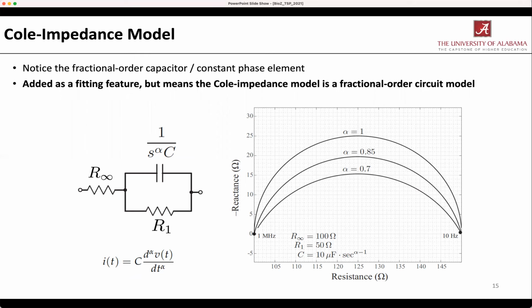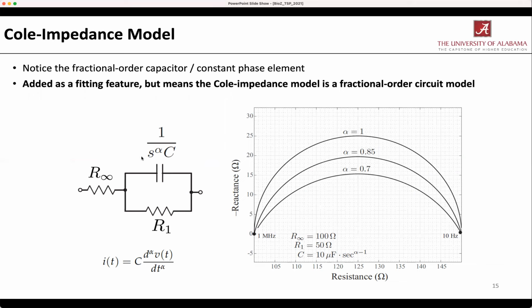So why do we need to use this? Can this circuit model help me get a little more insight into the physiology of what's actually happening? Okay, so let's back up a little bit. When we talk about this model, the resistances are often attributed to intracellular and extracellular fluid, so fluid flowing through the cells and around the cells.